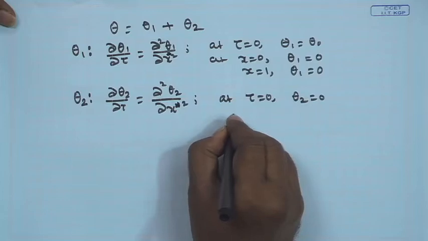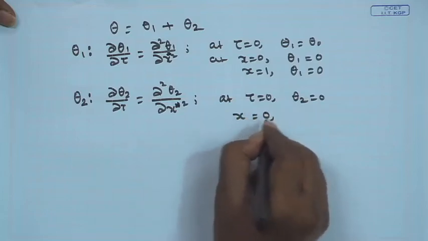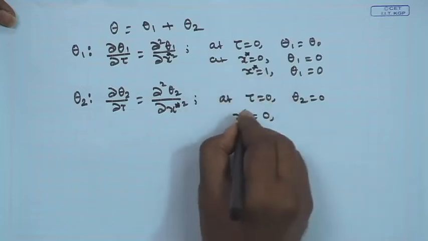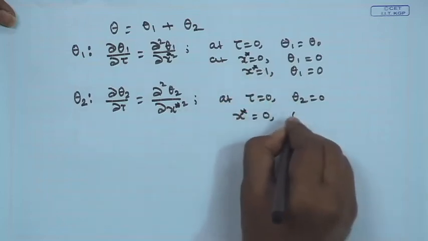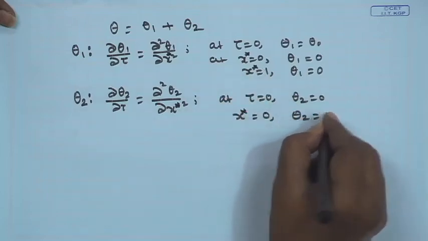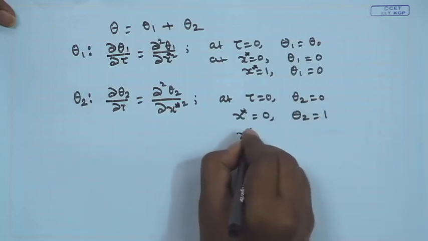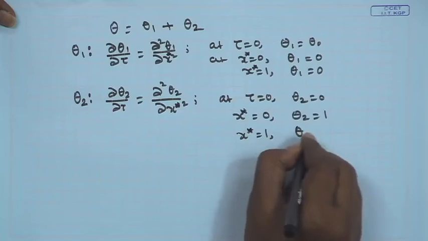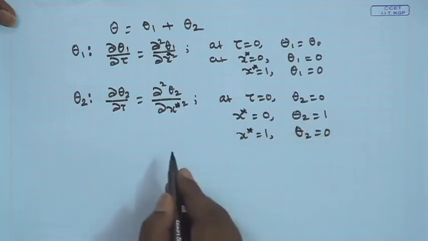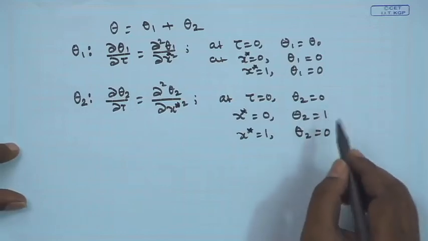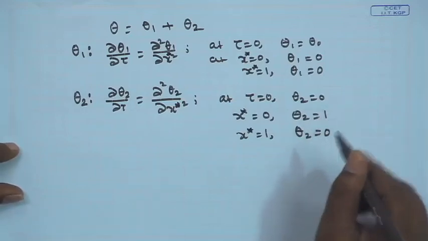I keep the non-homogeneity at x star equal to 0, so theta 2 will be equal to 1. This non-homogeneity is intact, and at x star equal to 1, it was already 0, so theta 2 was 0.